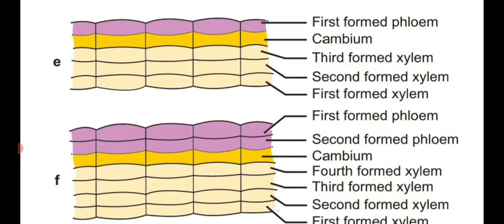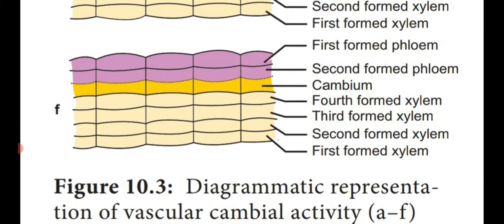See the next diagram, E. Outer to the cambium they are producing a single layer known as first formed phloem. Then inner to the first formed phloem, they have produced another layer, that is second formed phloem, but the second formed phloem is outer to the cambium.